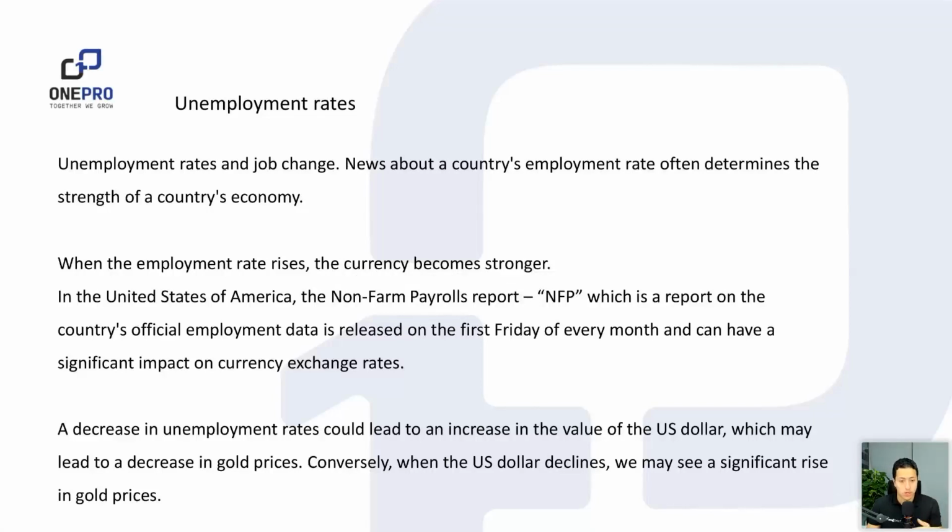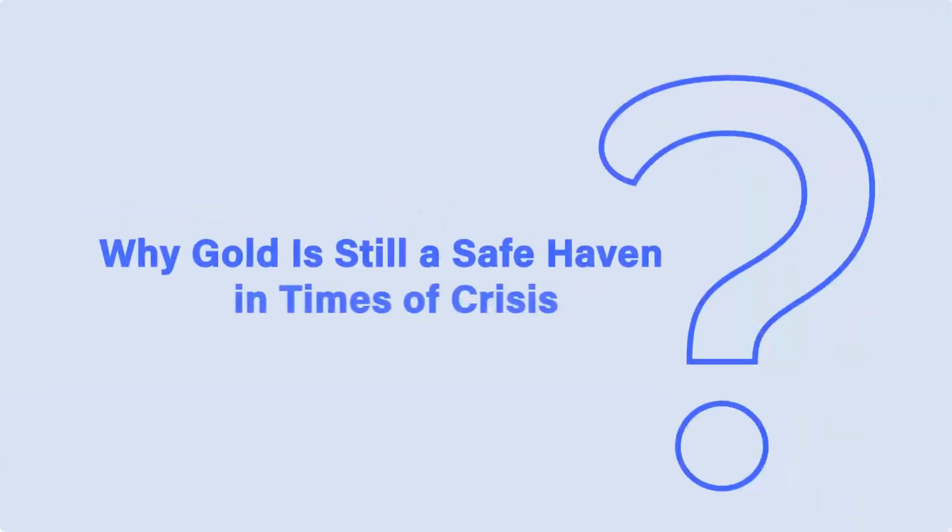On the other side, a decrease in unemployment rates could lead to an increase in the value of the US dollar, and this could lead to a decrease in gold prices. So really understanding that when employment goes higher, the stronger the economy is, and hence the US dollar is stronger. This affects gold on the negative side, and vice versa.